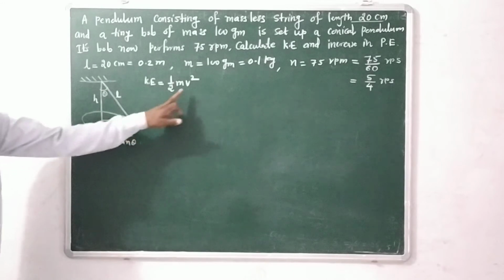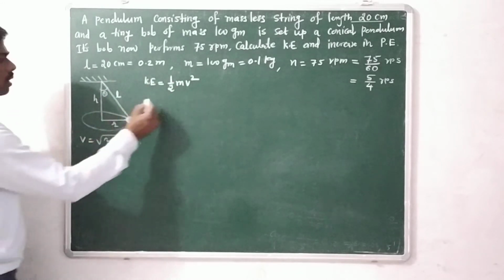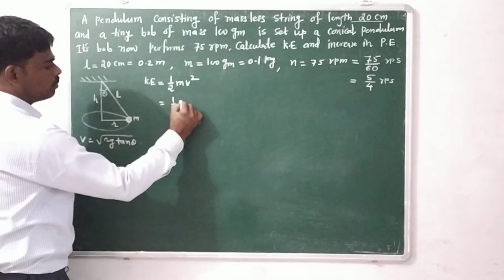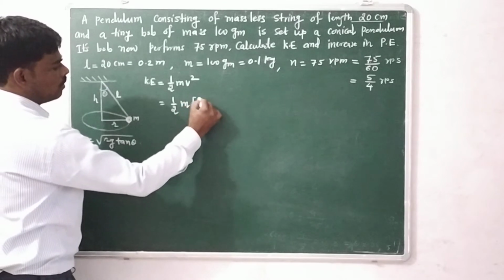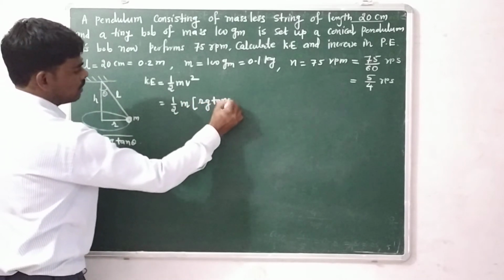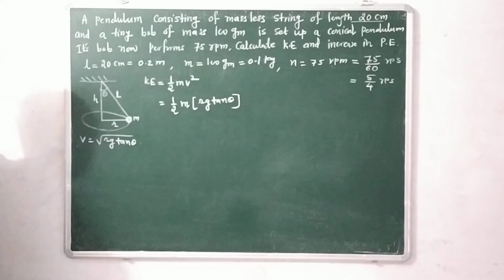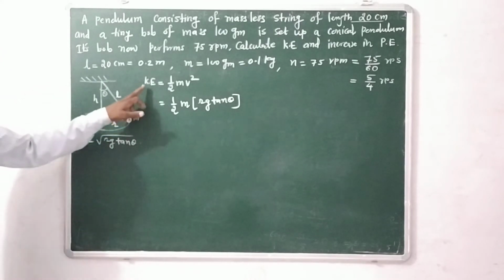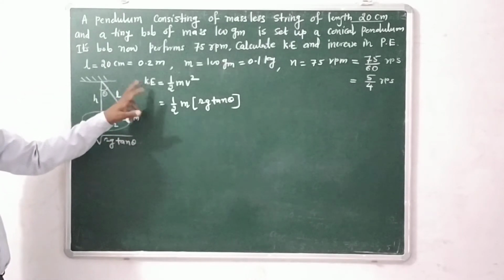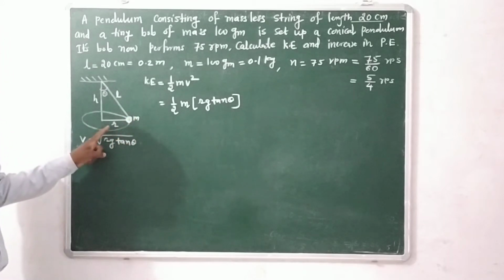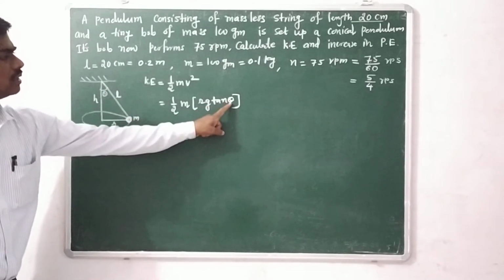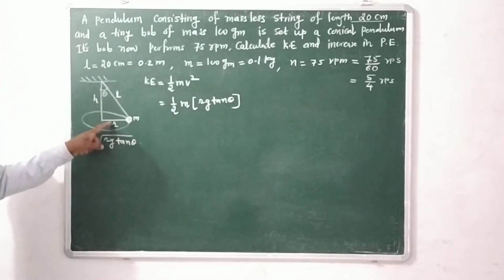Taking the square, we get half m r g tan theta. So to find the kinetic energy, we need the radius as well as theta.